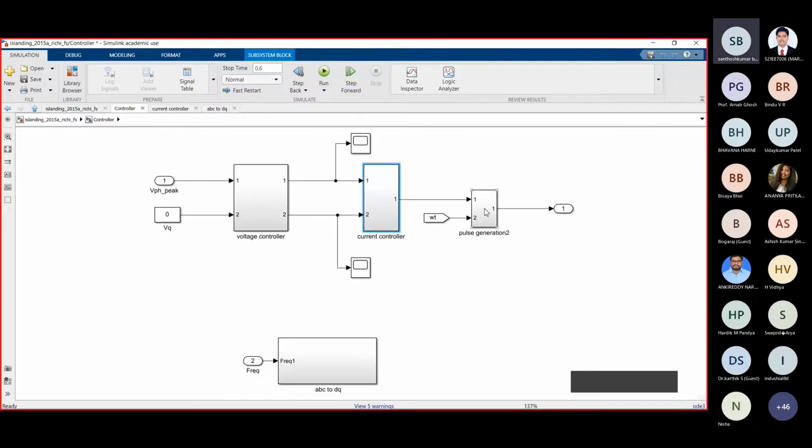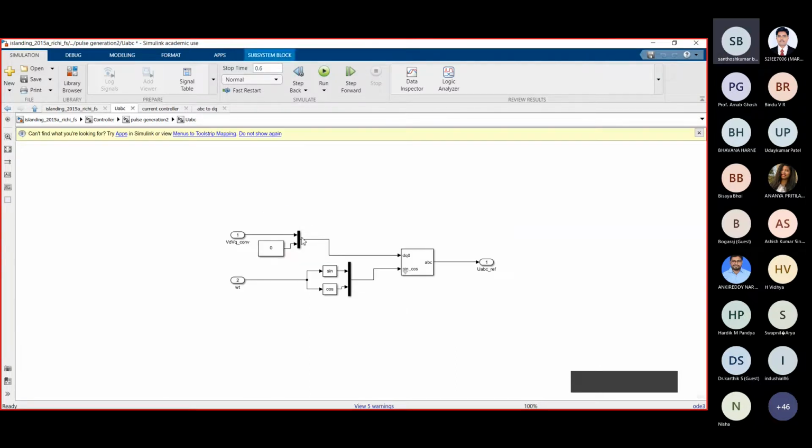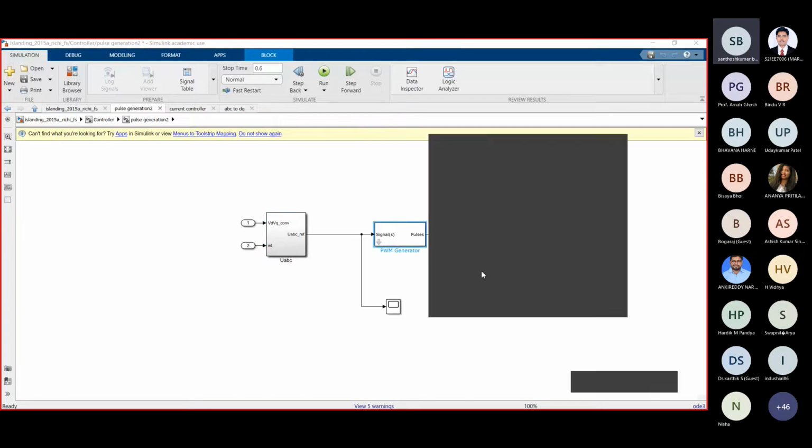Coming to the PWM block, first we have to convert. Here we are getting the control signals MD and MQ in DQ form. First we have to convert these MD and MQ into MABC. Then I directly use the PWM generator.